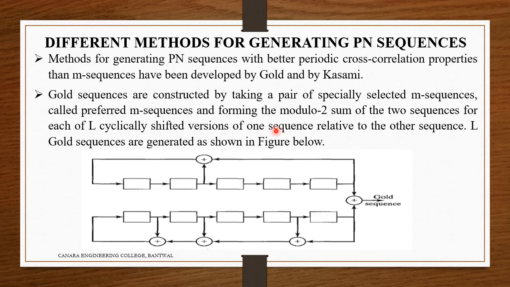If we have, say, ten sequences, we select any two, add them as a modulo 2 sum with cyclic shifts, and then check the values. This is what we call the generation of a Gold sequence. You can see here we have selected two sequences and we go for this modulo 2 sum depending on the sequences and certain coding techniques.